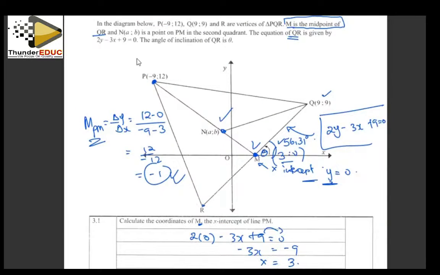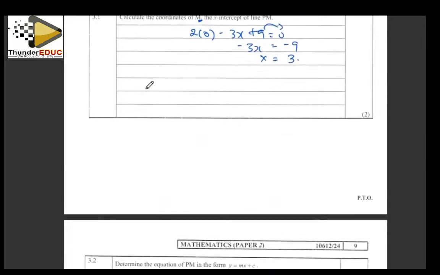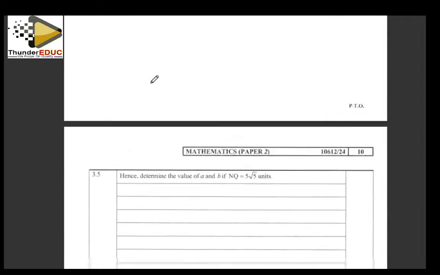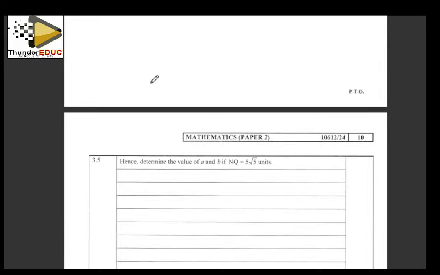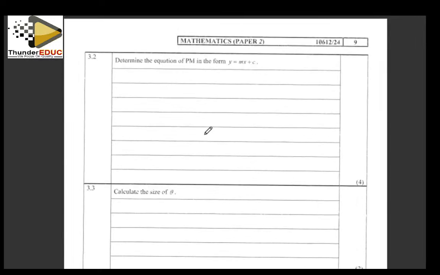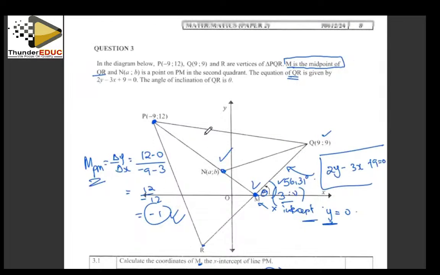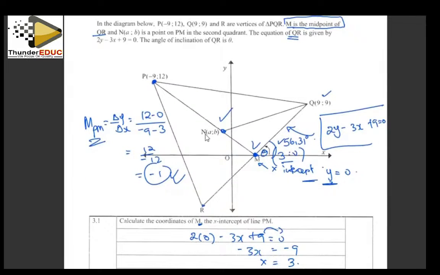Then 3.5. They're asking us to hence determine a and b if NQ is 5 root 5. Where is NQ? From here up to here, that's 5 root 5.